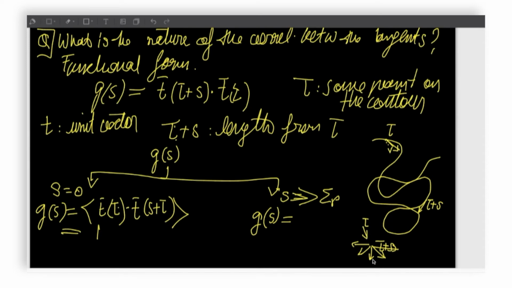That would mean that on an average I have about pi by 2, and that makes my cos theta, cos pi by 2, which is nothing but 0, multiplied by everything, 0. So this is the nature of this g of s, qualitative nature.